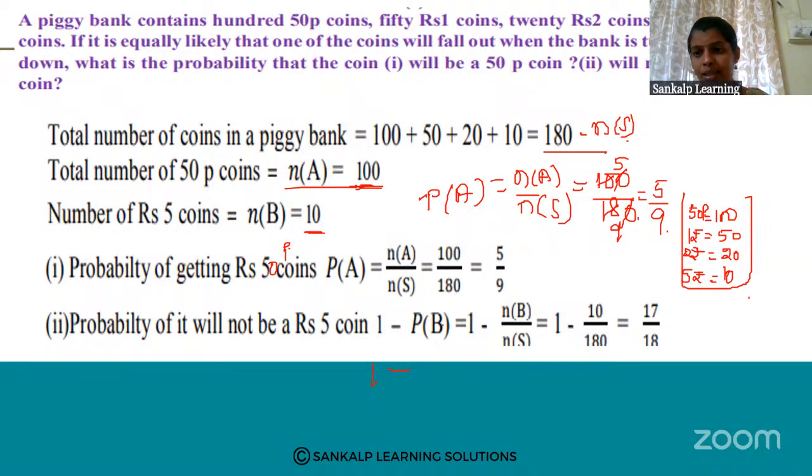Not B means coins that are not 5 rupees, so 1 minus P of B. P of B is favorable outcome divided by total number of outcomes. So N of B is 10 divided by 180, which is 1 divided by 18.